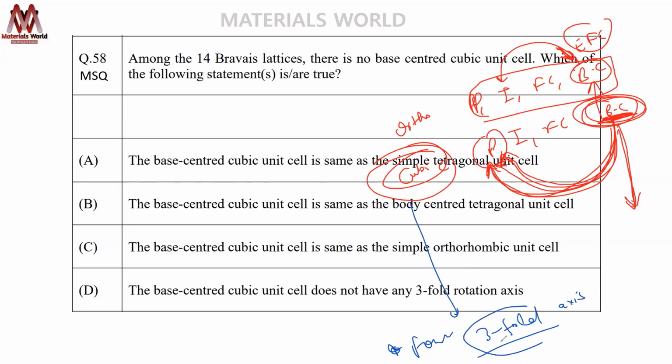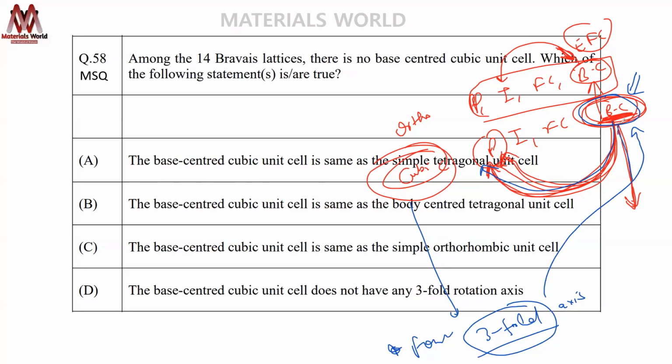So you must get. So you see, in simple cubic, base centered simple cubic is repeating primitive. Got my point? But at the same time, if it is also showing a threefold axis, got my point?